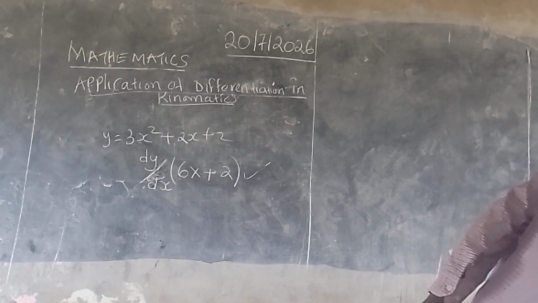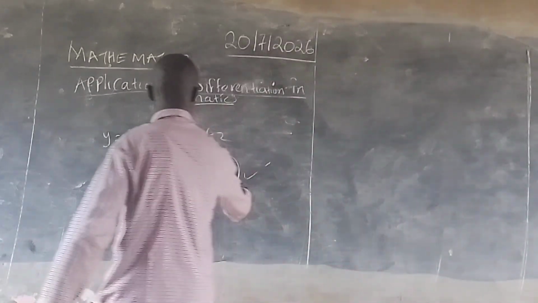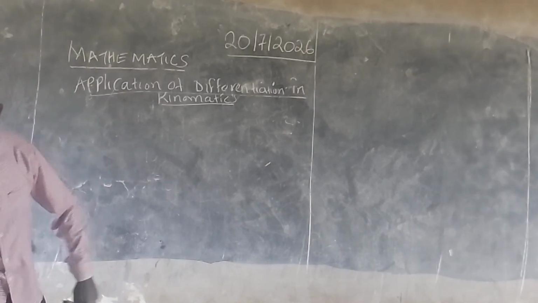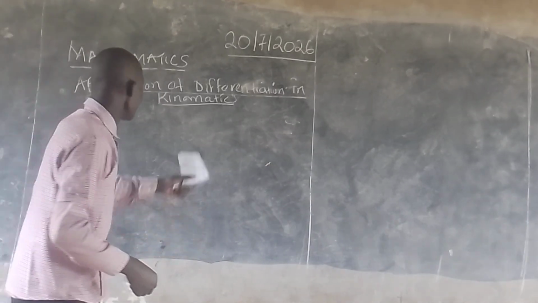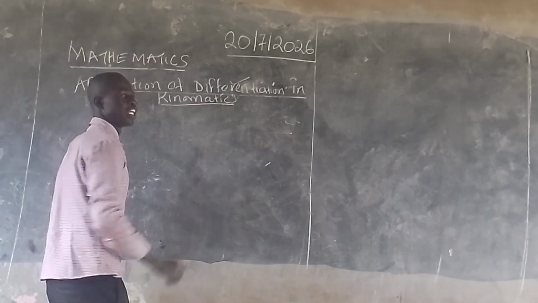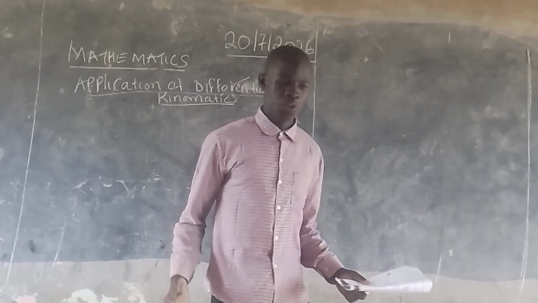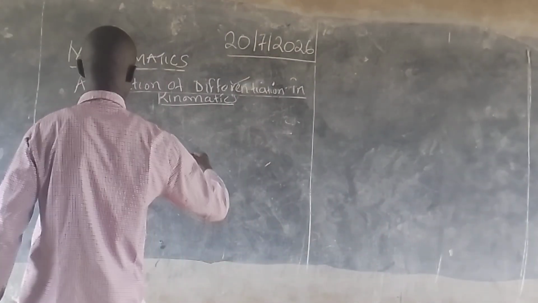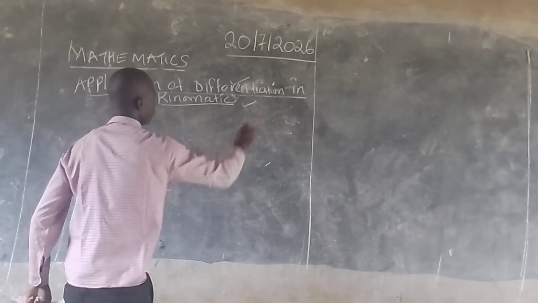Back to the lesson of the day. Here we want to understand how we can apply differentiation in kinematics. I know you are asking yourself what kinematics is. We need to first of all understand the word kinematics.